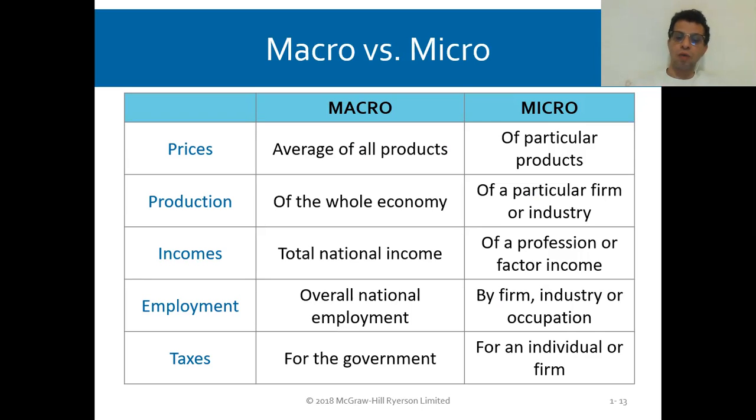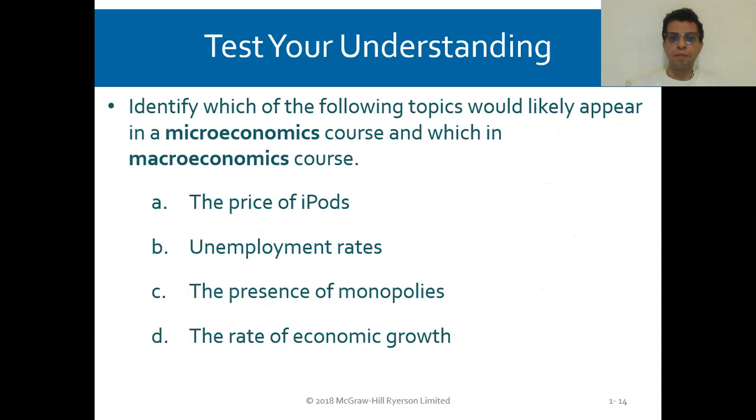Taxes, once again, we look at the whole government tax system and the total taxes, while here it is for an individual or a firm. So there is a whole picture, which is the macro level. And then this big picture is made up of smaller pictures gathered together. And this is where we do the micro level, the smaller pictures, basically.